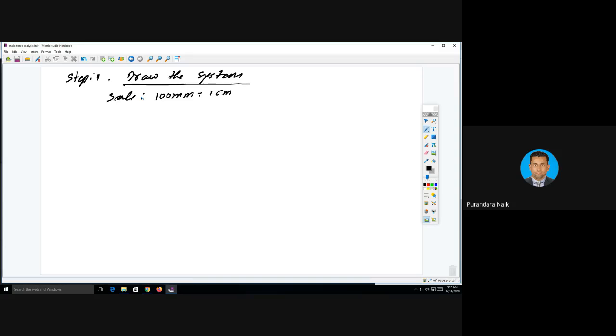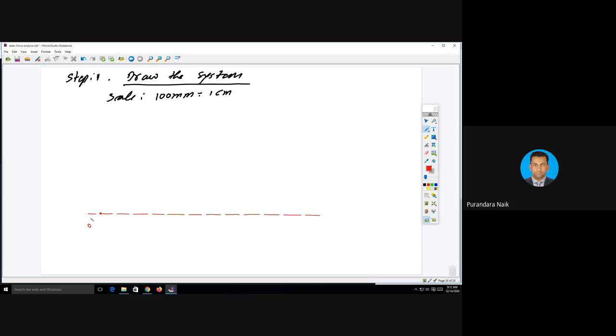Now I have to start. First, I have to draw a horizontal line. So the horizontal line is like this. I'll make it a dotted line. Next, I'll mark a point somewhere here.